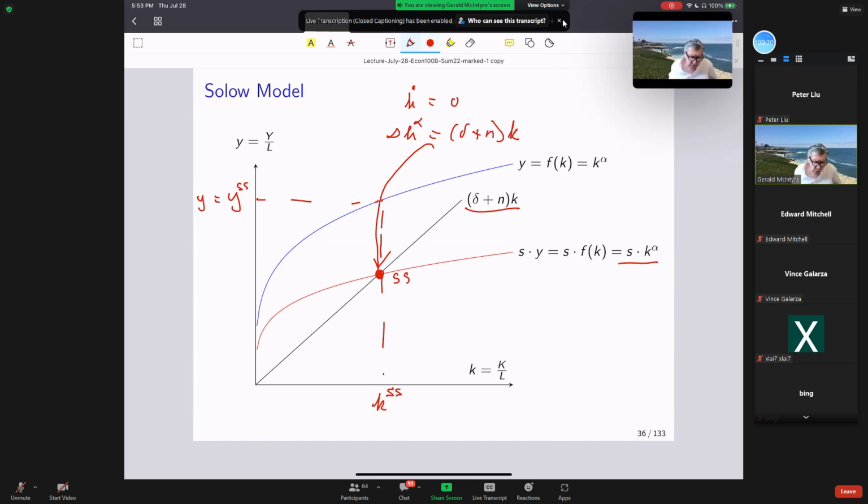Sometimes I'll call this Y star, sometimes K star. I prefer the stars. The gap between these two is consumption per worker. And so we've solved for the steady state equilibrium, a dynamic equilibrium. The economy will go to this point.